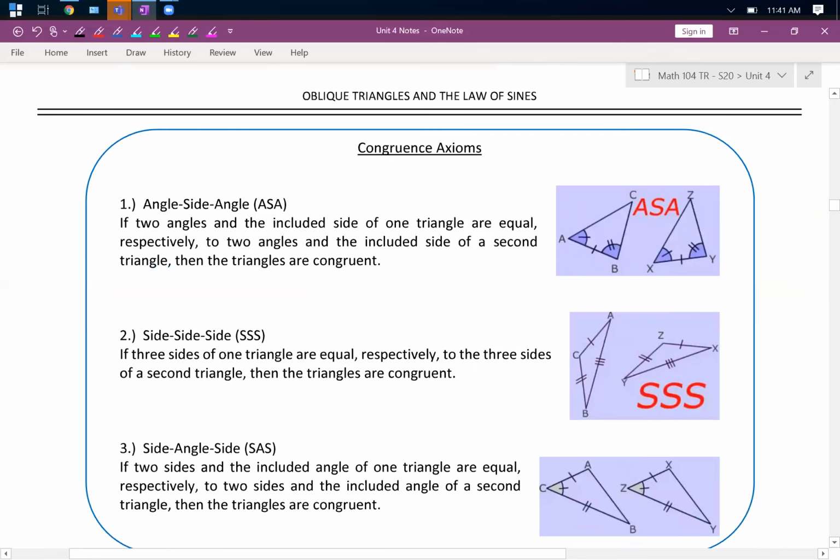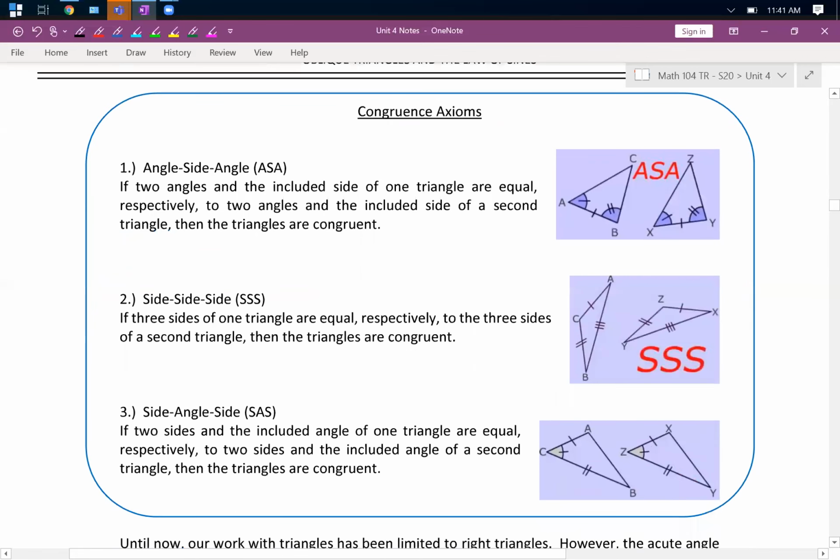The first thing we're going to talk about is our congruence axioms for triangles. This is something you would have discussed in a geometry course in high school. Just what relationships have to occur to be able to say that 2 triangles are congruent, which basically means they're equal.